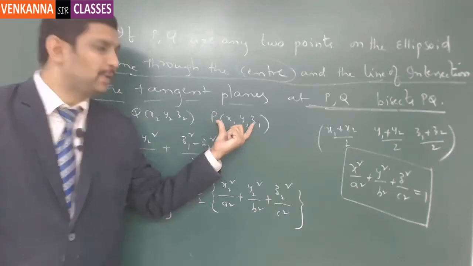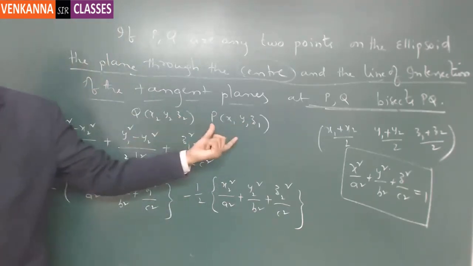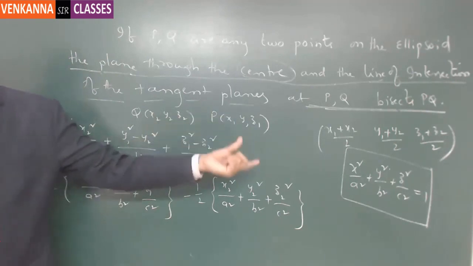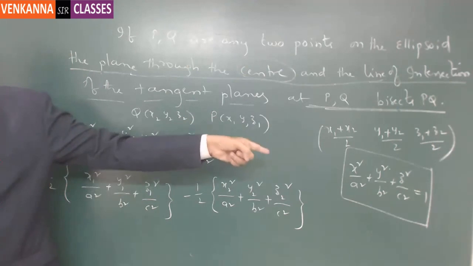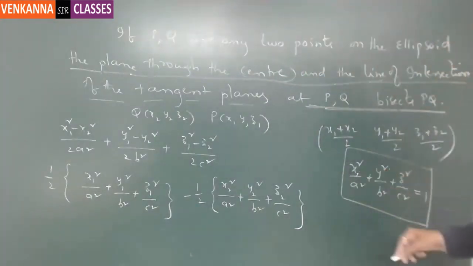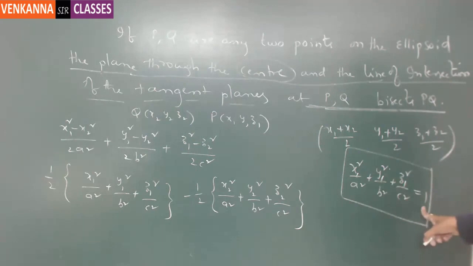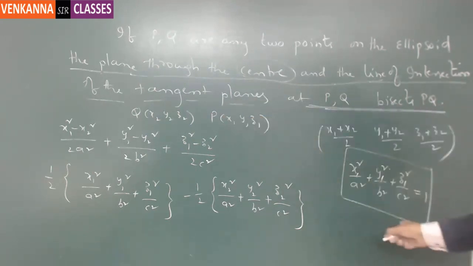One point is P, one point is Q. And these points are taken on the ellipsoid. It means that they will satisfy the ellipsoid equation. So you have x1 square by a square plus y1 square by b square plus z1 square by c square is nothing but 1. Similarly, for the other point also you will get 1.